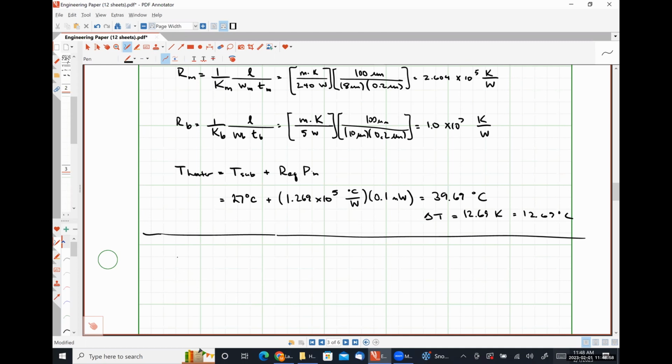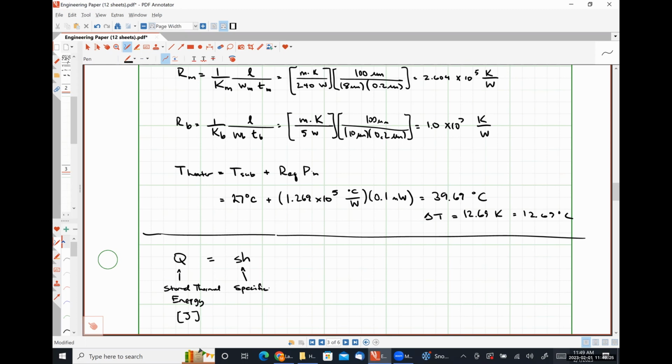So this equation Q, where this is stored thermal energy, measured in joules, is equal to SH, which is the specific heat.